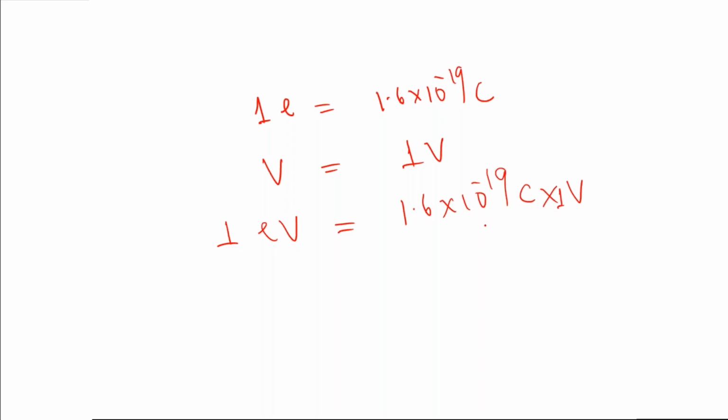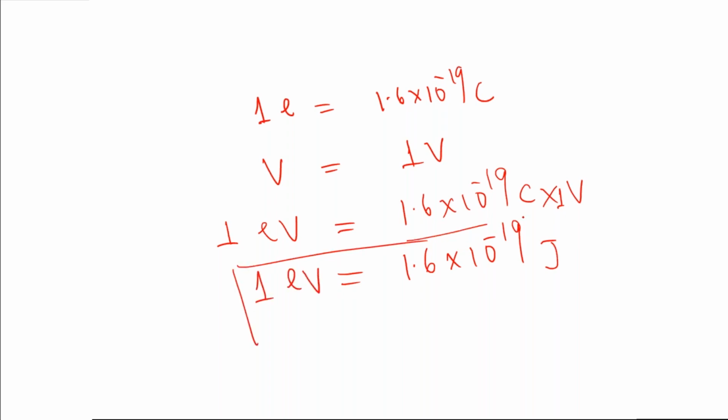Suppose there is a problem where you need to convert electron volt to joule, say 5 electron volt to joule. You just multiply by this factor. Or, the other way, if you have some energy in joule and want its value in electron volt, you divide by this factor.